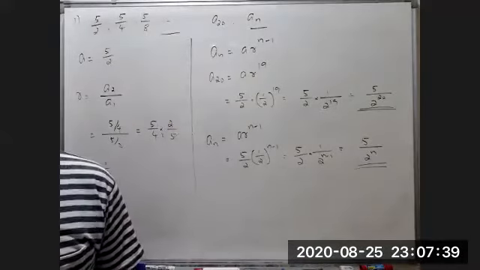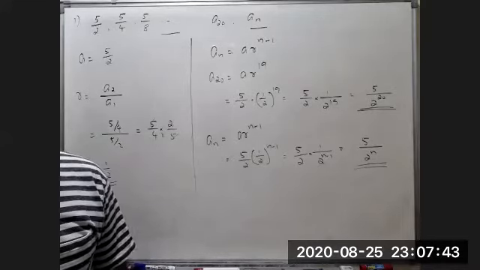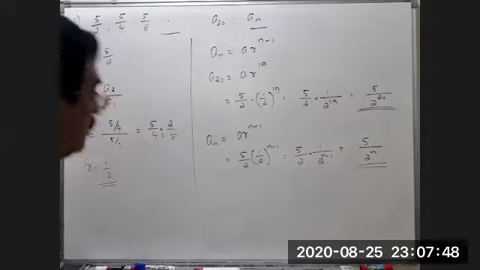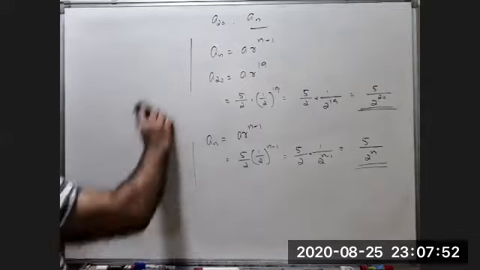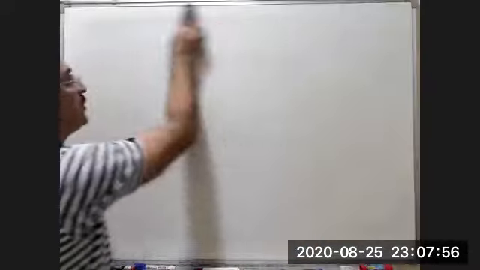So next one. Find the 12th term of a GP whose 8th term is 192 and common ratio is 2. First write the given data.